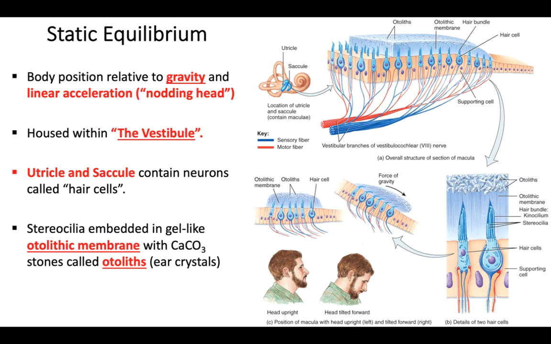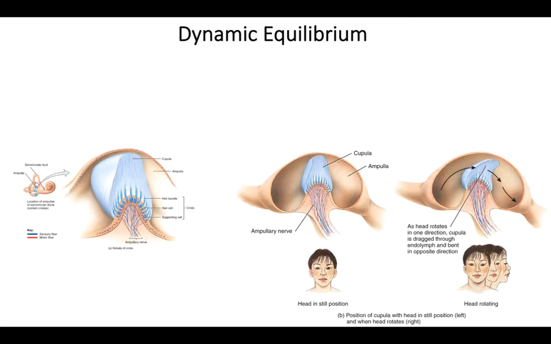Static equilibrium is relative to gravity. It's monitored in the utricle and saccule that's within the vestibule of the inner ear, and it utilizes the otolithic membrane or ear stones or ear crystals. So then what is dynamic equilibrium?